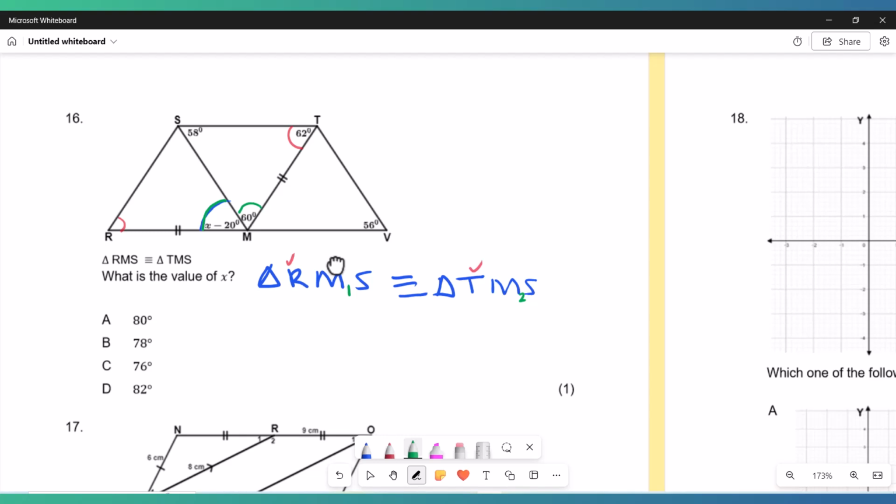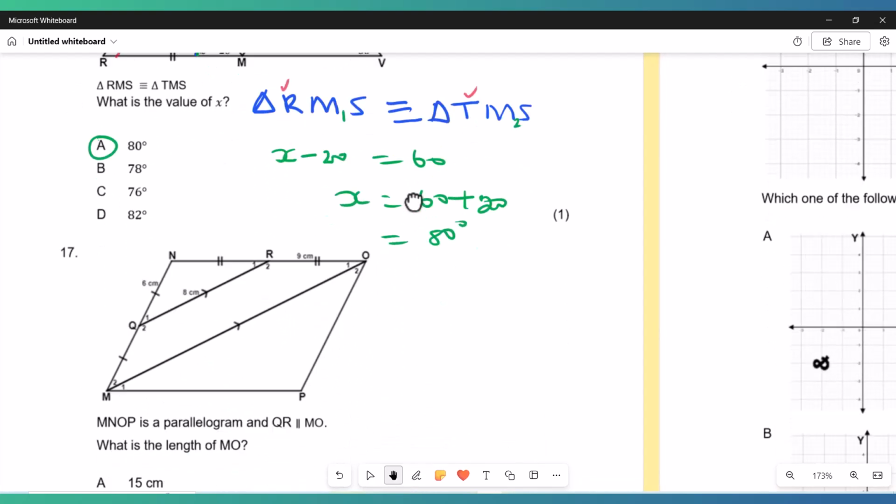So we can see that x minus 20 must give us the 60 because the triangles are congruent. So x equals 60 plus 20, which gives us 80 degrees. So x is 80 degrees. The answer is A in this case. Hope we are together. Next question here, that is question 17.